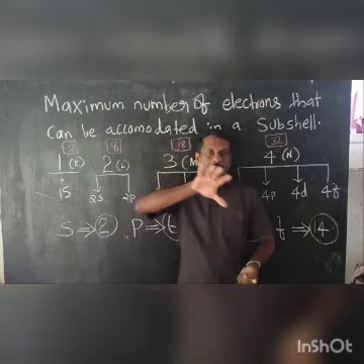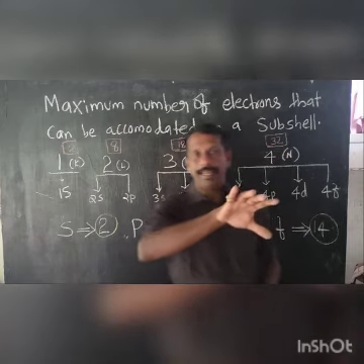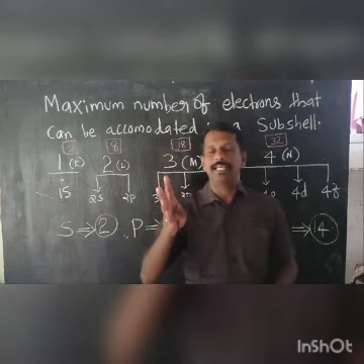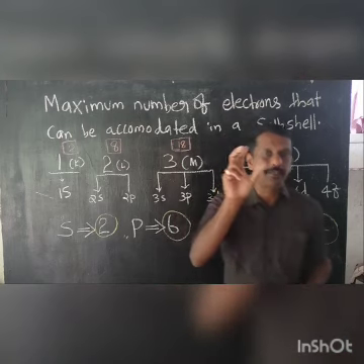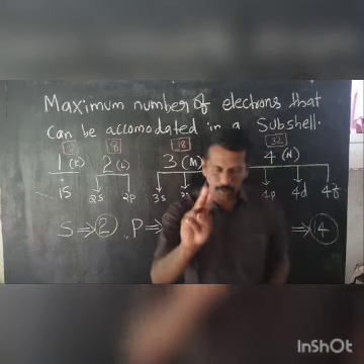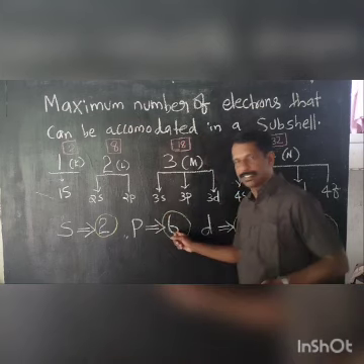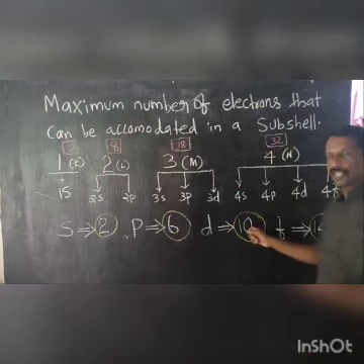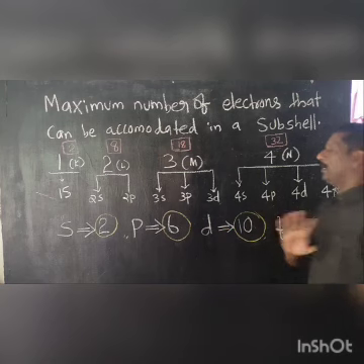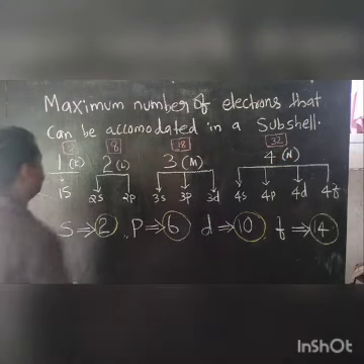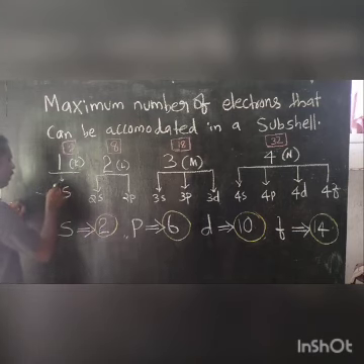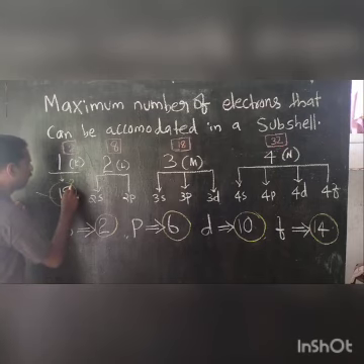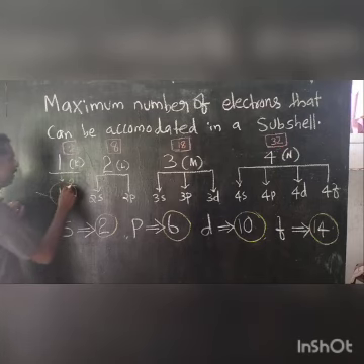So we mainly consider the 4 subshells S, P, D and F. Keep it in mind. Now, based on this, we know that the maximum number of electrons in the S subshell is 2.